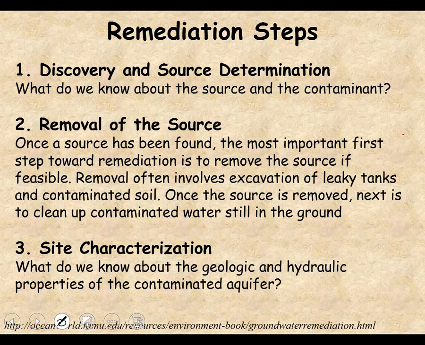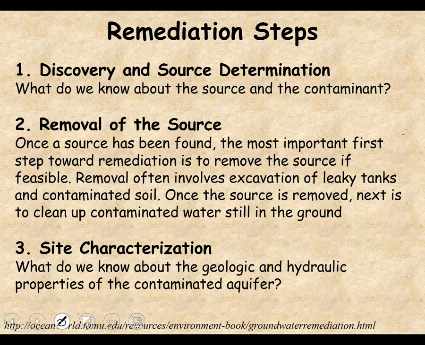Second thing is to remove the source, let's say a tank. We have to remove the source before we do anything else. It may also mean removing contaminated soil. Then you've still got this contaminated water.